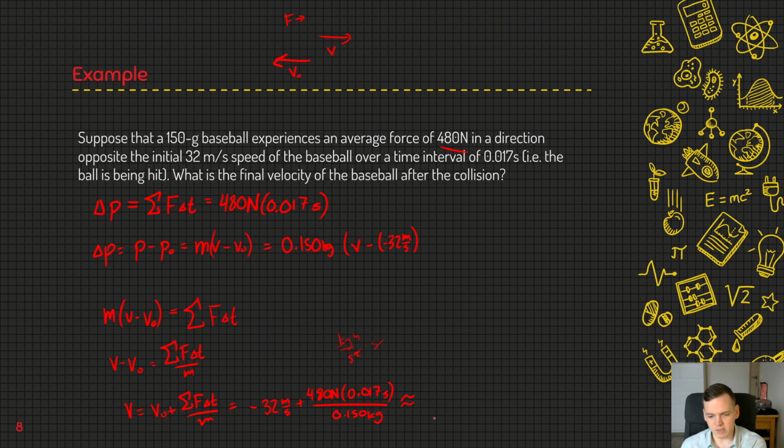I'm not sure what this value is, but it's going to be something in the ballpark of 0.002 times 480 will be basically 1,000 divided by 100, so that'll be about 10 divided by 0.15 will be about 3, two-thirds, so 0.66, 3/2.